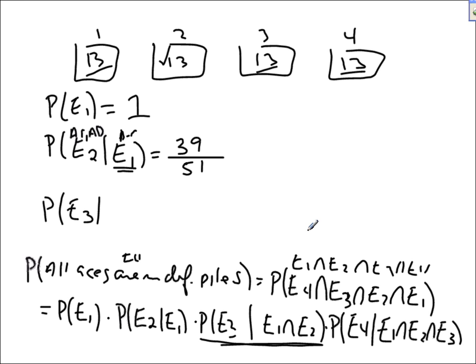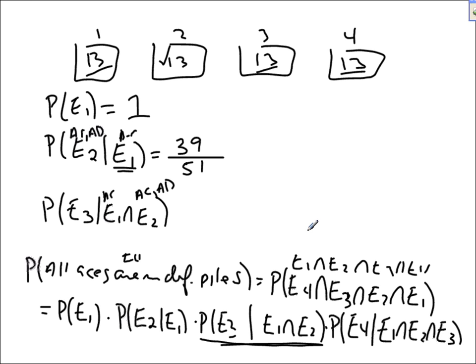The probability of E3, so we're going to do this one now, given E1 and E2. Well, E1 talks about the ace of clubs, and E2 talks about the ace of clubs and the ace of diamonds.